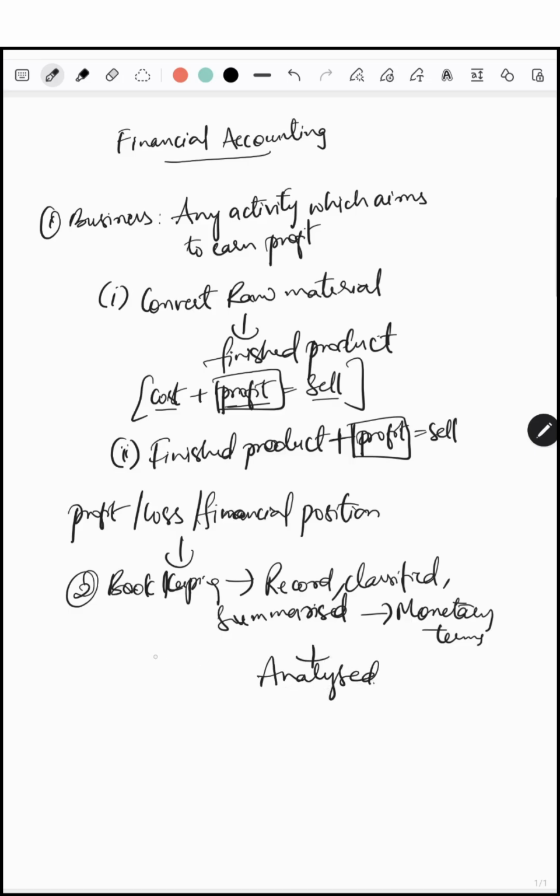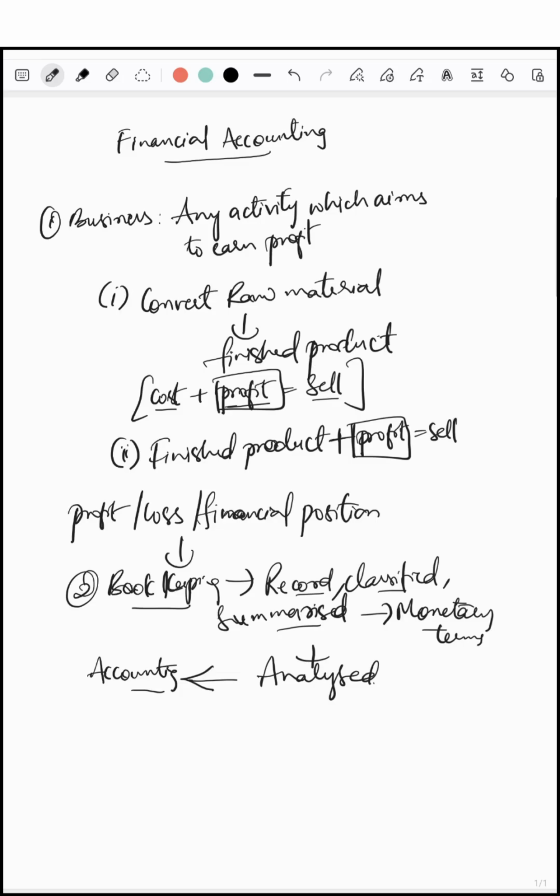So if analysis is also done, it is called accounting. Bookkeeping limits itself to recording, classifying, summarizing, and accounting means it also does one more activity, called analysis.